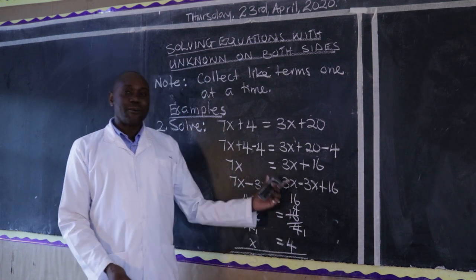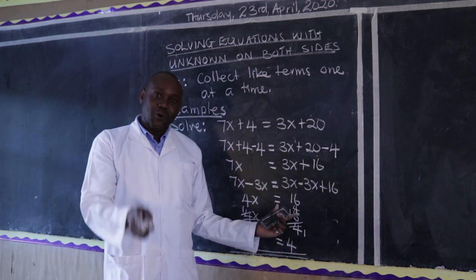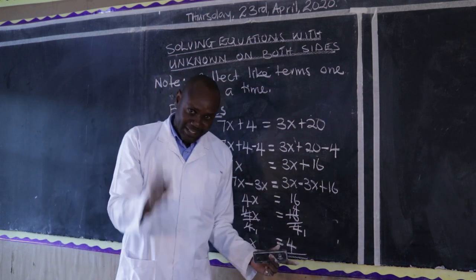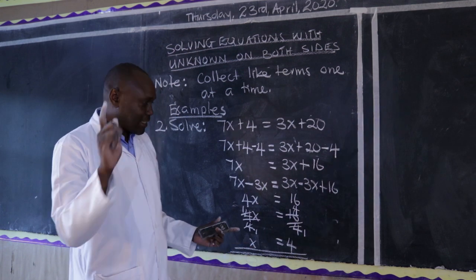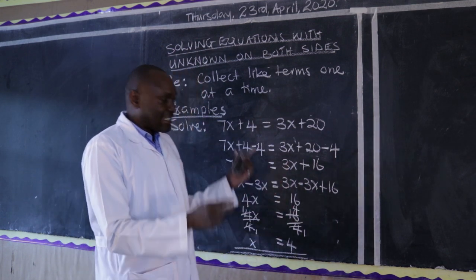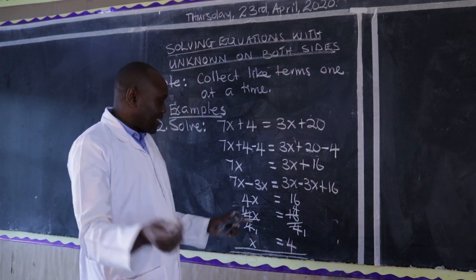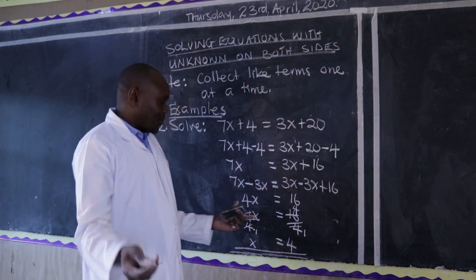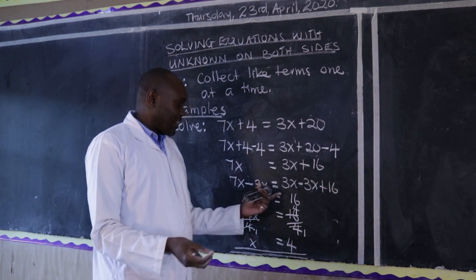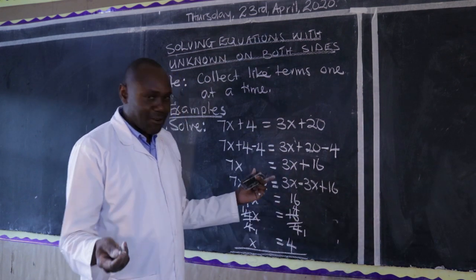So dear candidates, I want us always to show all the necessary steps if you are to get marks, because you don't know where the examiner will award you a mark. I remember telling you it is like a person who wants to get married. You don't know the husband or the wife you are going to get.